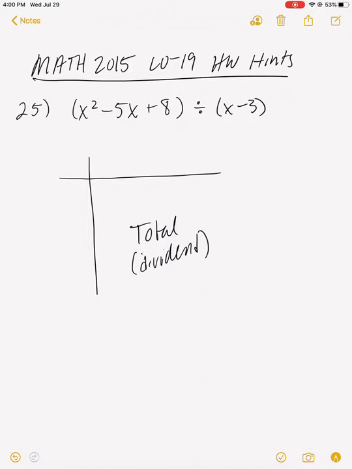I'm going to lay out the divisor here, and this will be the quotient. So that's how we're going to arrange our algebra tiles.